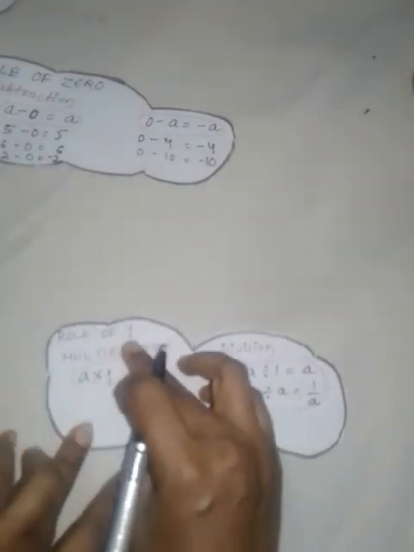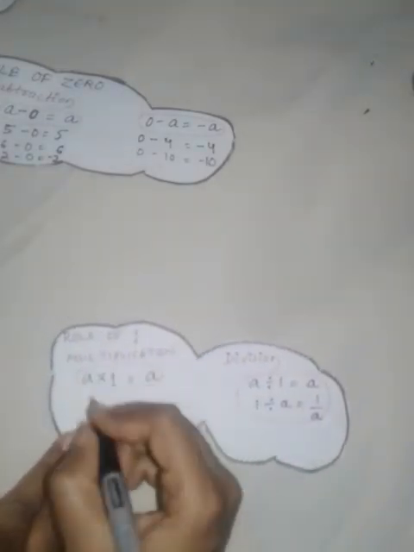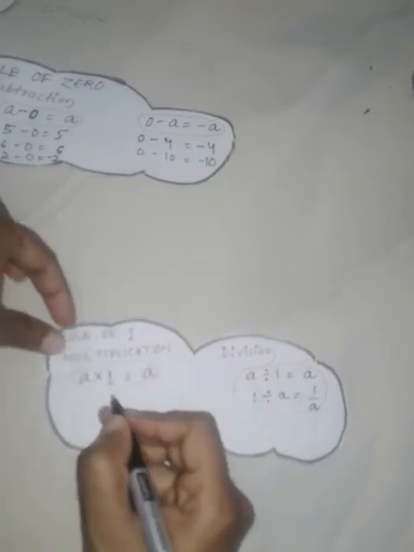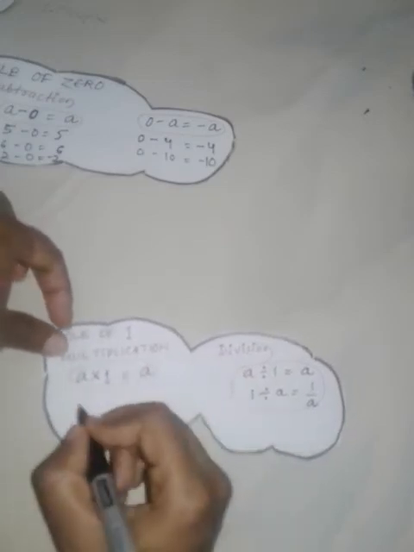Then, the role of 1 in multiplication. We already know that for any whole number, if we multiply by 1, we get that number. Similarly for integers, 7 into 1 is equal to 7, minus 6 into 1 is minus 6. If we multiply any integer by 1, we get that integer. Now in division, if A is divided by 1, we get A. Suppose 5 divided by 1, we get 5.